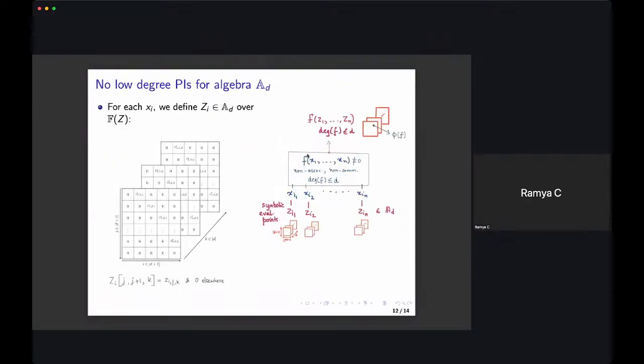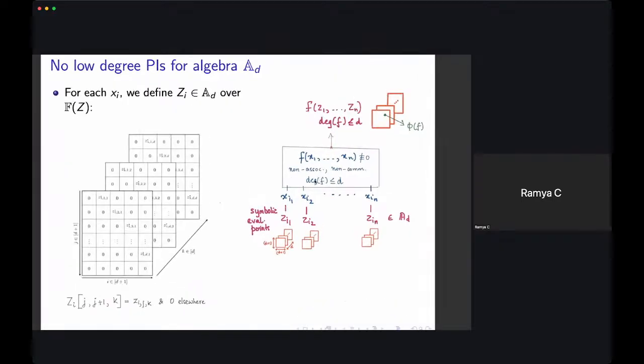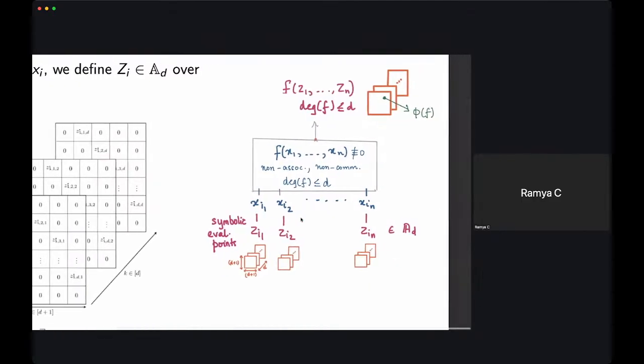So what is it that you are given? If you step back and look at it, you are given a non-commutative, non-associative polynomial. It has degree at most d, and it has n variables, x_i1 to x_in. In these places, you are going to substitute elements from the algebra, and each element in this algebra is a stack of d matrices of dimension d plus 1 by d plus 1. You can think of these as symbolic evaluation points.